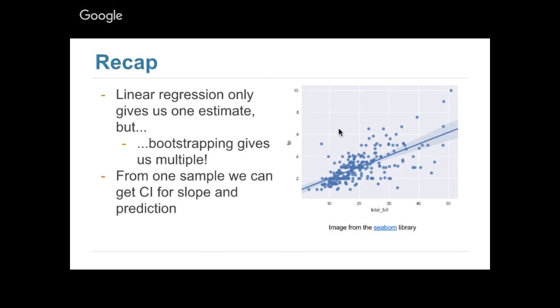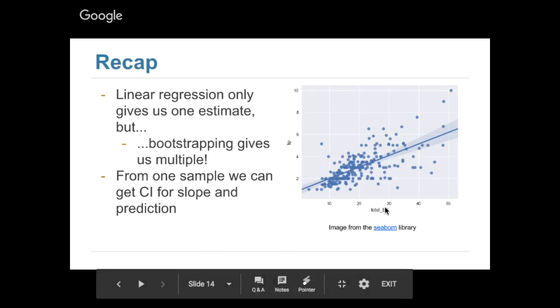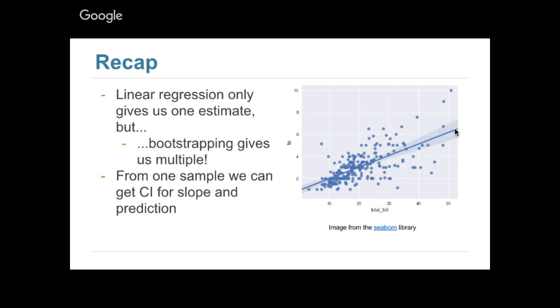What you see here is some points, the tip of the bill versus the total bill at a restaurant. The regression line is in dark blue, and the light blue area around it is what they did: if you plot that, they'll automatically bootstrap that line and give you a 95% confidence interval. Indeed, you can see that as we get farther away from the center of those points, we get more variation in our confidence interval. Cool.